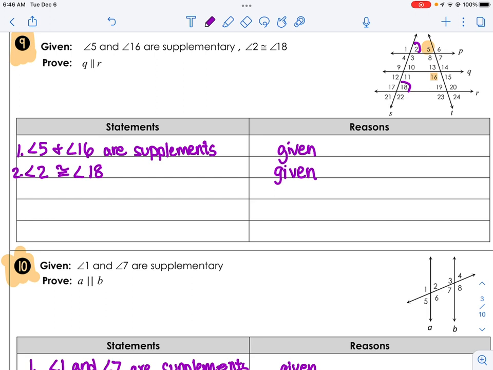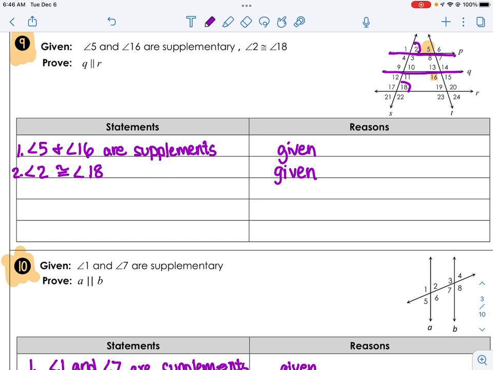Okay. So let's take those pieces of information one at a time. So looking at your 5 and 16, if those are supplementary, think about lines P and Q. Those are same side consecutive exterior angles.